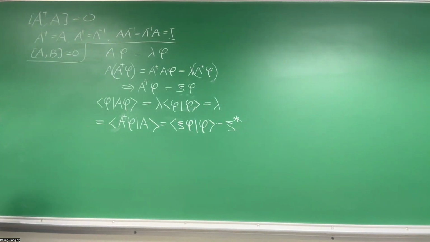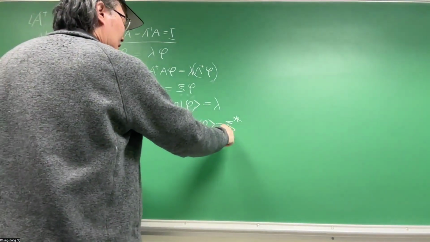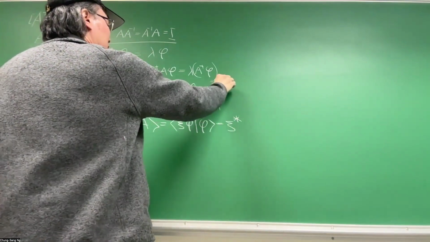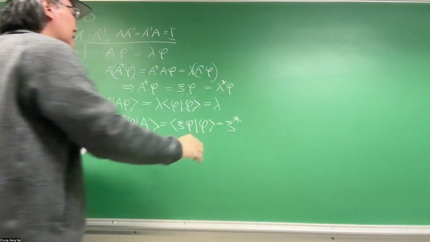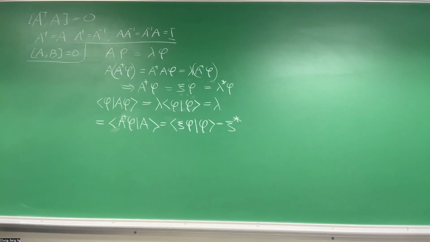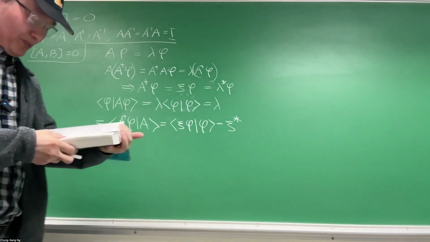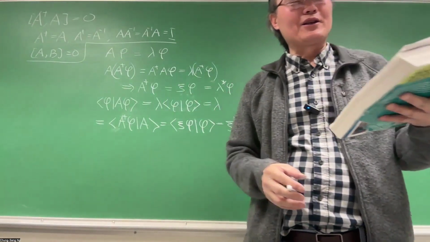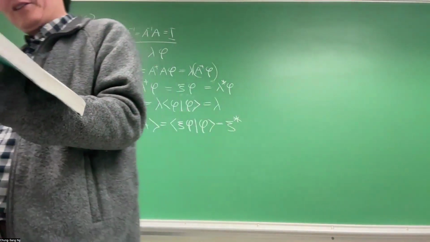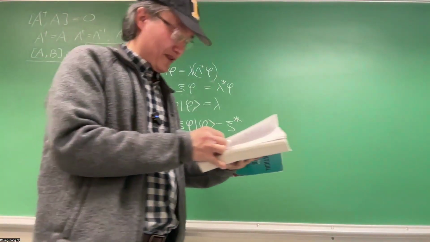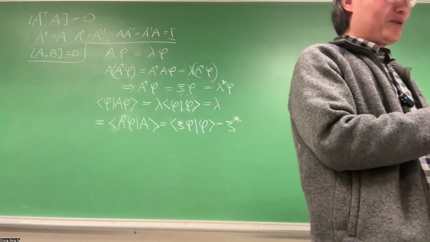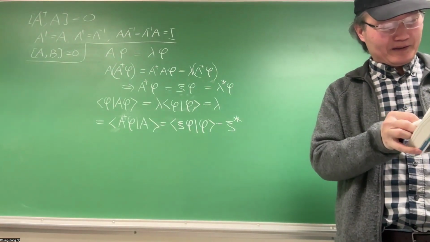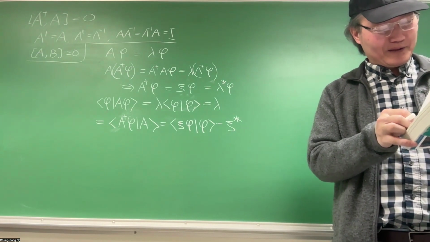It means that C is lambda complex conjugate. That's pretty straightforward. You don't have to follow the textbook using the bracket notation. Sometimes I think they abuse the notation, and I don't like that much.